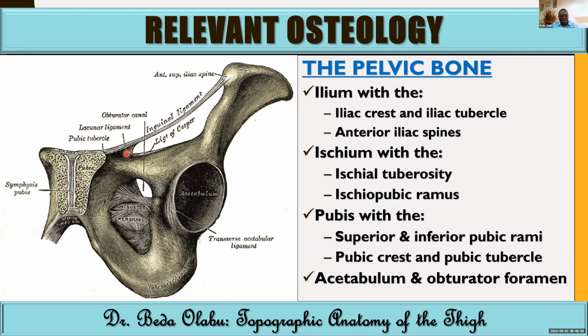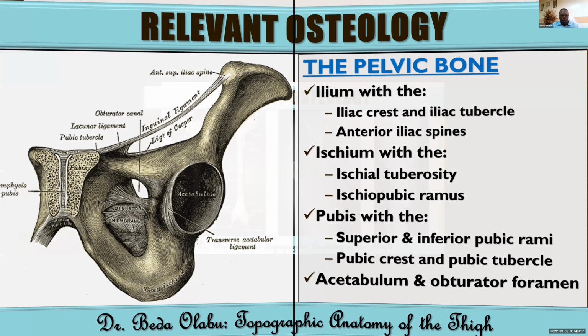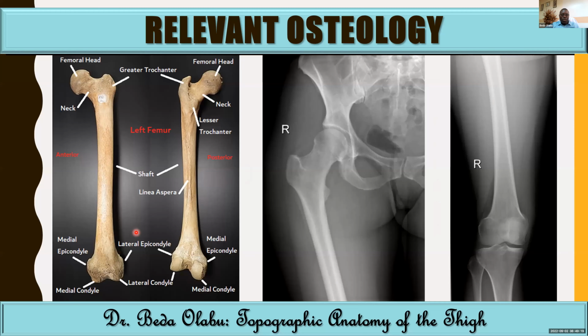And there's a further extension of that going backwards, which we call the pectineal ligament of Cooper. Again, that's going to be important in this particular session. So take note of the ligament of Cooper, the lacunar ligament, and the inguinal ligament. So that is with regard to the pelvic bone.